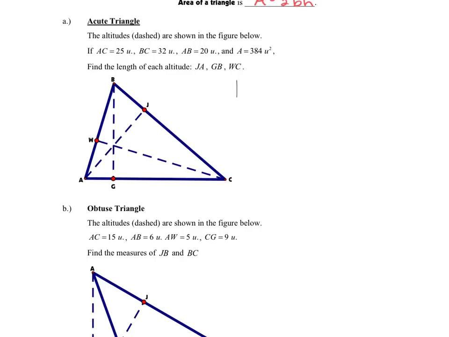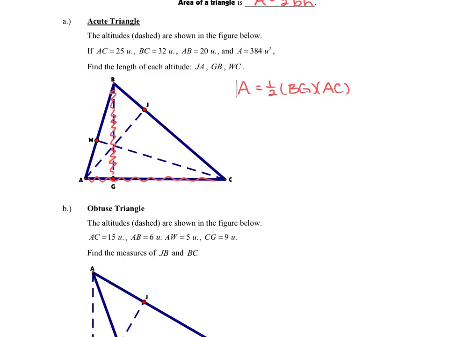So the first thing that I'm going to take a look at is if this is my altitude, then this would be my base. So if I wanted to write the area of this triangle, I would say area is 1/2, and I would write BG, my segment BG, times my segment AC.